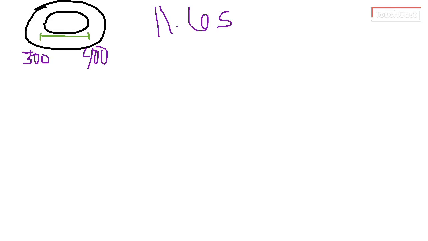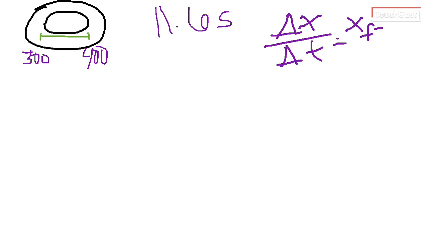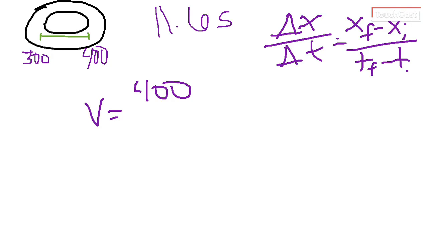Okay, and so what we need to do is remember our equation, which again is delta x over delta t. And we need to remember that that is x final minus x initial over time final minus time initial. Okay, and so let's plug in what we know. So we're solving for velocity, and so what we know is he ends at the 400-meter mark. So our final distance was 400. However, did he run 400 meters?